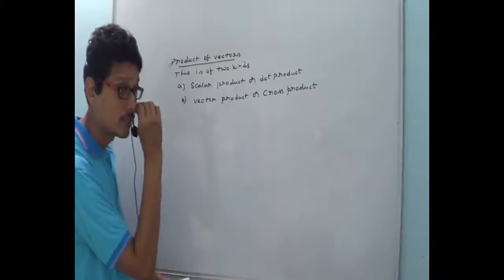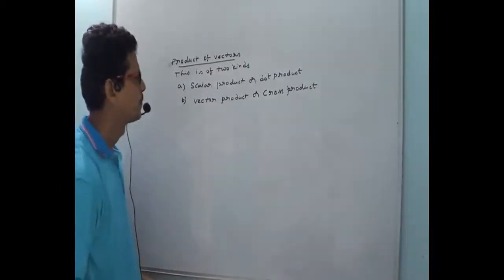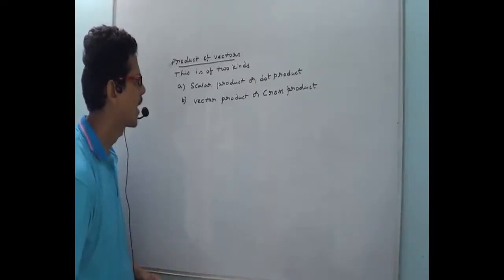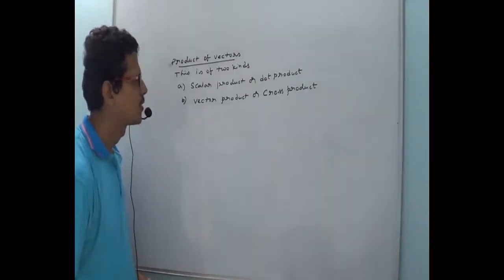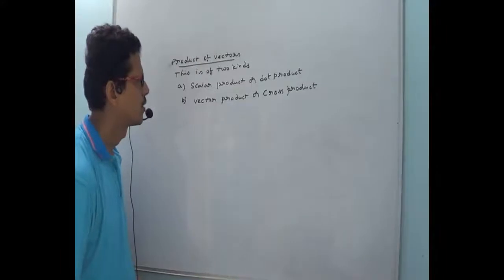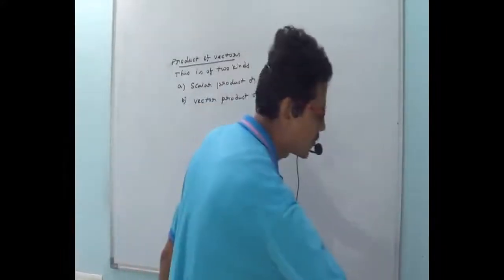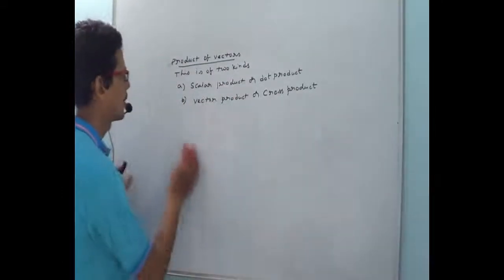I'm just erasing this. So how many types or how many kinds of products of vector we have? One is scalar product and second one is vector product or cross product. So first we'll go for this scalar product.